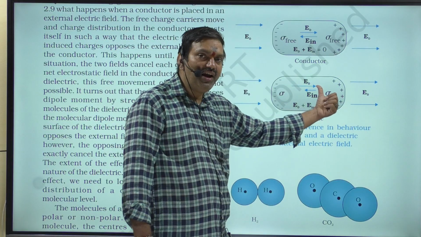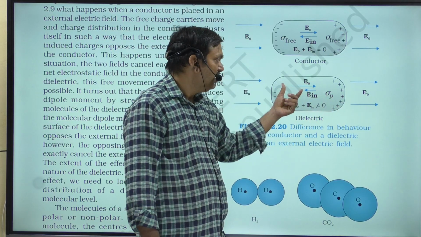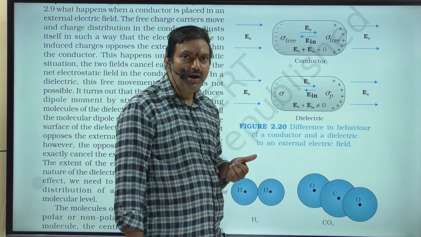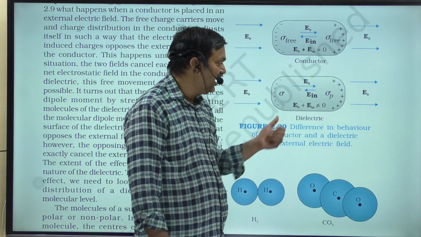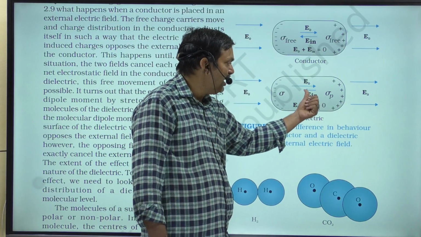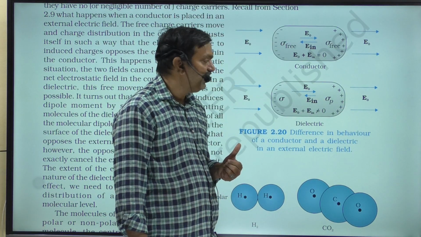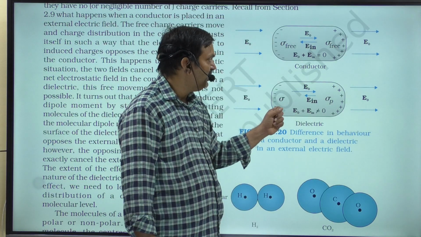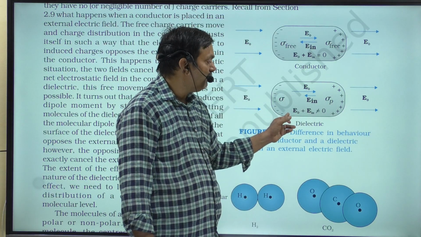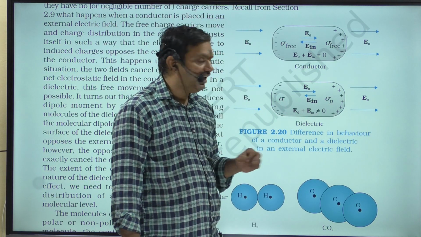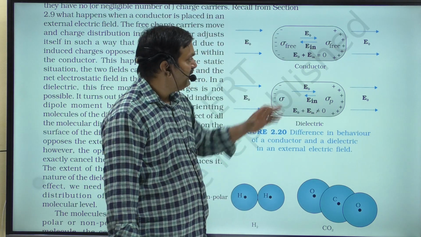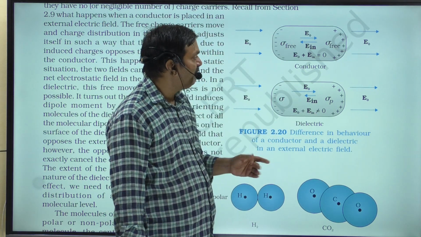The external electric field is larger in magnitude. Compared to that, the electric field produced inside the dielectric is only about half in magnitude. As a result, the sum of the external electric field and the inside electric field is not going to be zero. That is the only difference you can observe here.